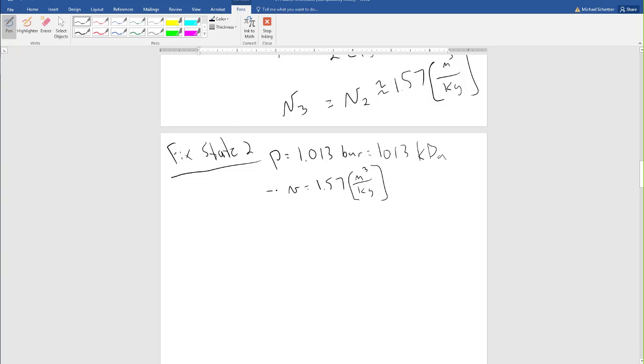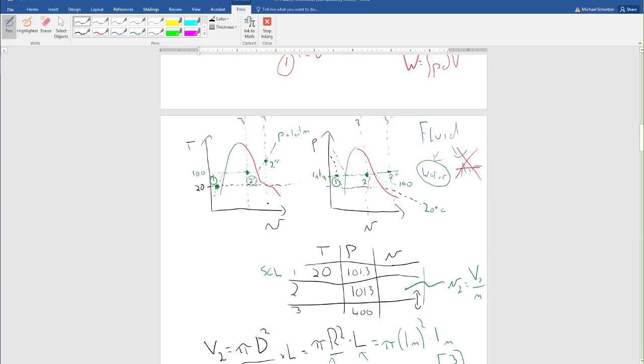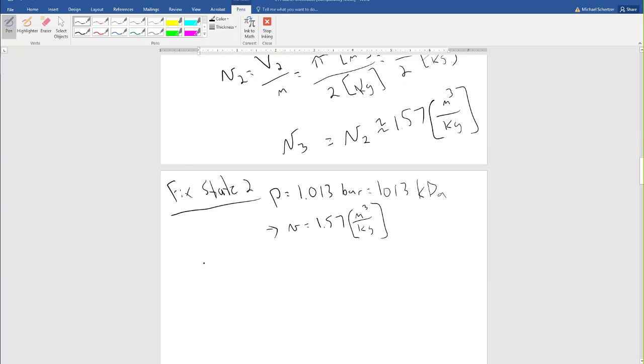Now my question here, from when I was drawing these graphs, is: is my state 2 under the vapor dome or is it past the vapor dome? So the question that I'm asking here is, if V2 is in between VG and VF at 101.3 kilopascals, so it's lower than VG but bigger than VF, then this is two-phase.